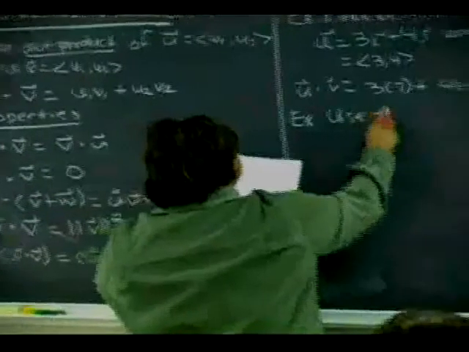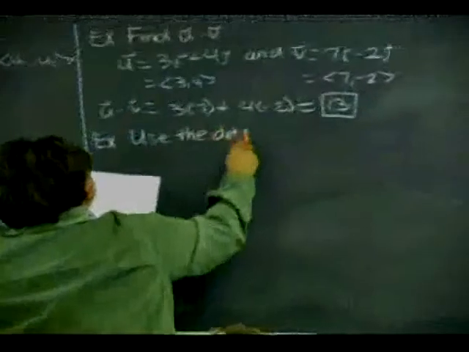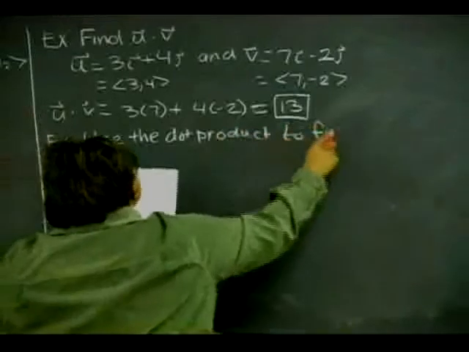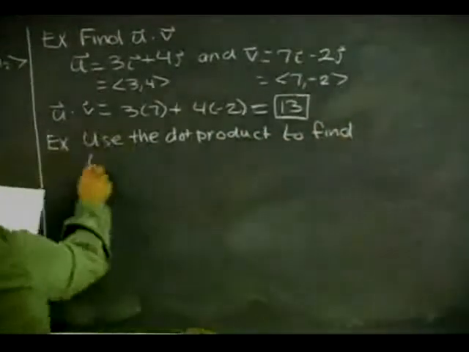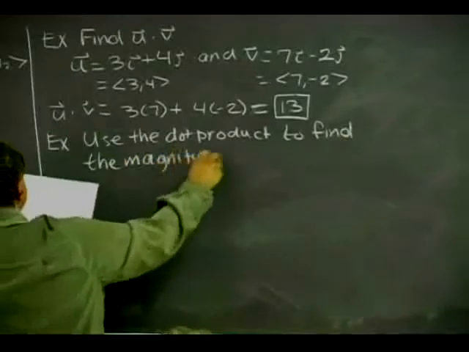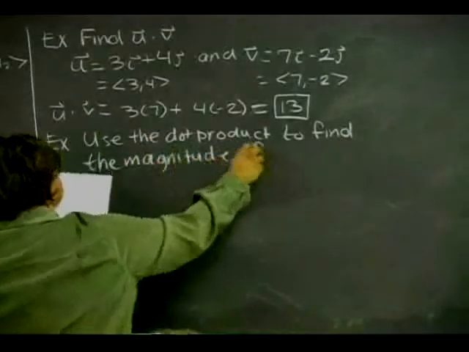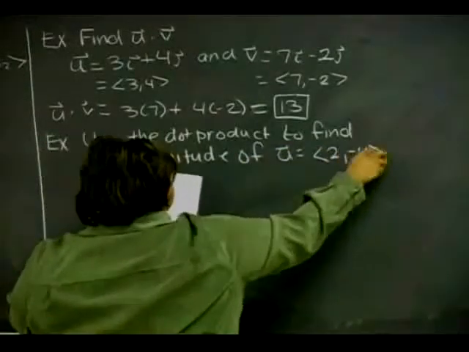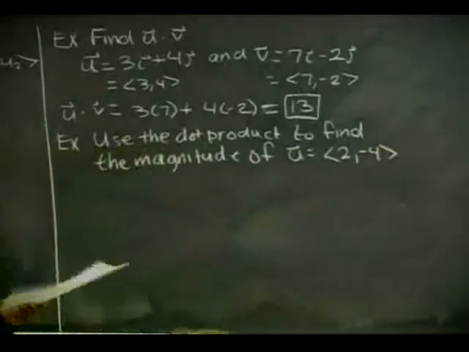Let's get another example. Let's use the dot product to find the magnitude of this vector u, which has components 2 and negative 4.